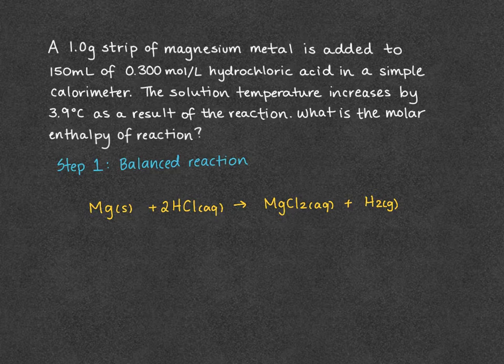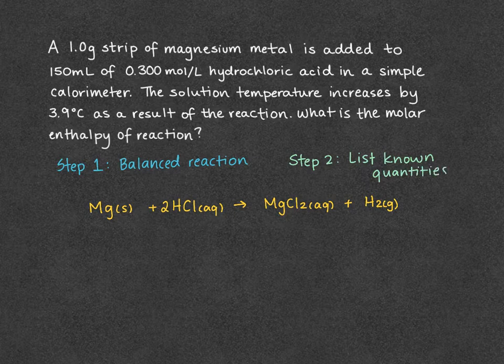Our next step is going to be to list everything that we know about the reaction. By listing our known quantities, we'll determine, do we have enough information to determine LR-ER, or is this a straightforward question? For magnesium, we know that the mass we have is 1.0 grams.